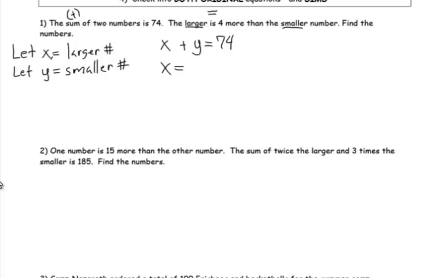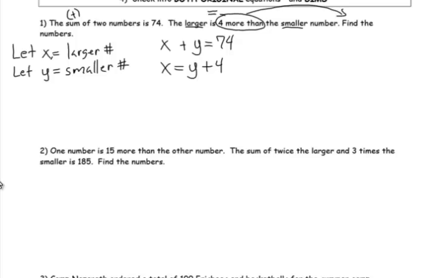So the larger is x equals 4 more than the smaller number. Now remember, when more than, you always want to put it after more than and less than. Not as important with more than, but super important with less than. What's the smaller? y plus 4.